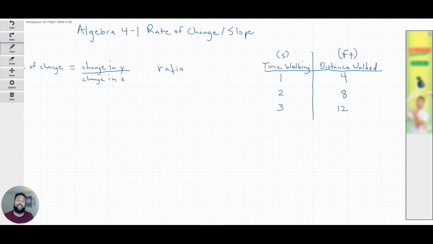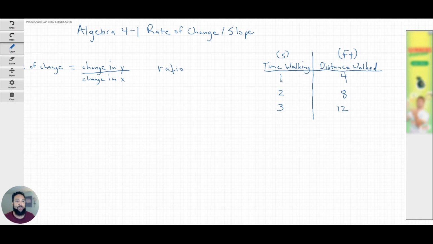Or say, for instance, you're talking about how fast you're walking, the rate of speed that you're going, how many feet you're going per second. We can also look at this graph here that says time walking and distance walked. So for every second here, this represents S for seconds 1, 2, and 3. And this side, distance walked, represents feet.